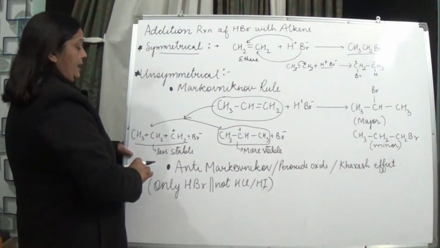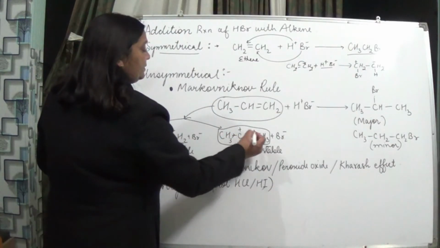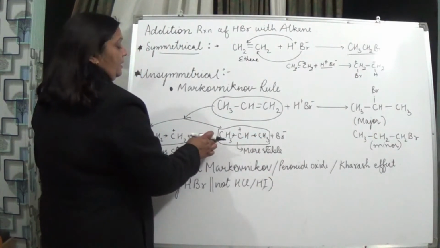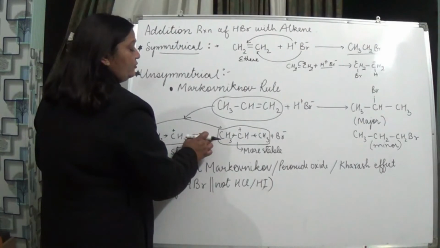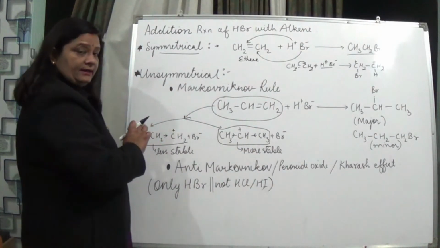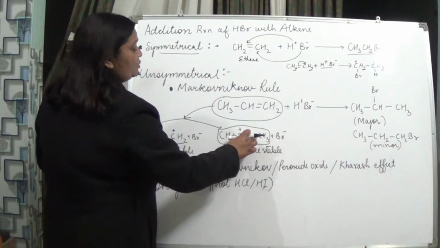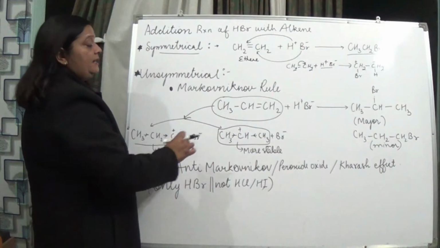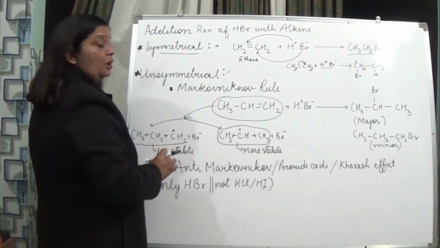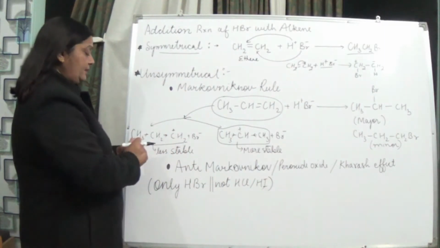In the second, the electrons move from both alkyl groups to this carbon atom. It receives electrons from two opposite sides, thereby making this carbon atom more stable in nature.